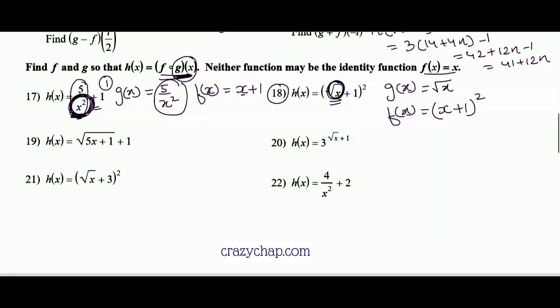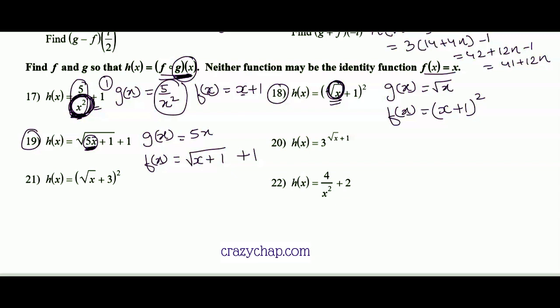Fine. Question number 19. I will suppose g(x) as only 5x. That's quite easy. Because I have supposed this as g(x), my f(x) will be square root of, in place of 5x, because that was my g(x) function, I will just write x plus 1, and that plus 1 is one more. So that is my f(x).